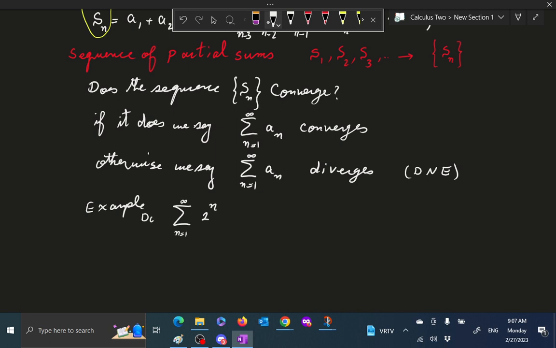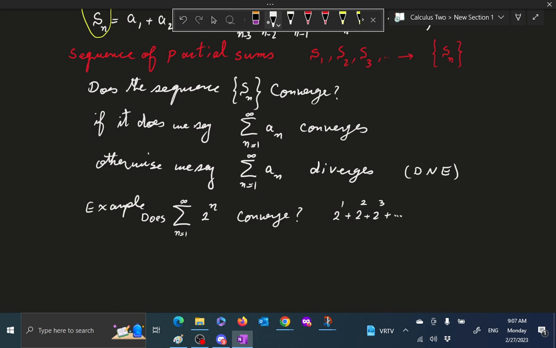And the question is, does this series converge? Well, let's try it out. What are the partial sums? It starts with 2 to the power of 1, and then 2 to the power of 2, and then 2 to the power of 3, and so on.